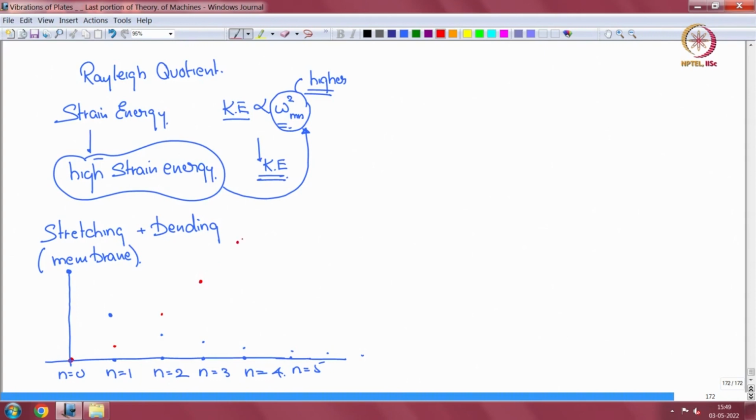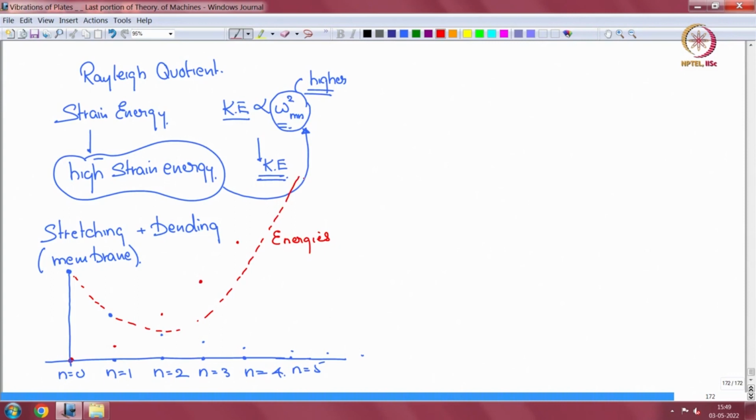Okay. So now these are strain energies. If we add this up, you will get a picture that looks like this. The net picture looks like this.